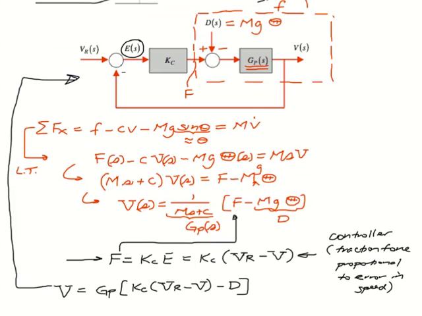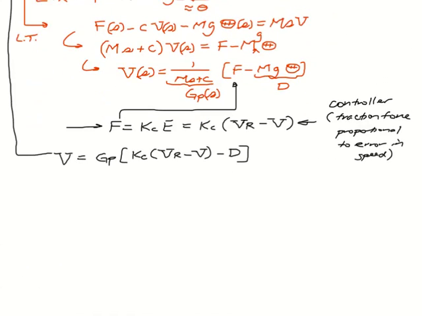Okay. So then we want to reduce this down to a single input-output equation and bring my Gp times our gain Kc times V over on the left-hand side.